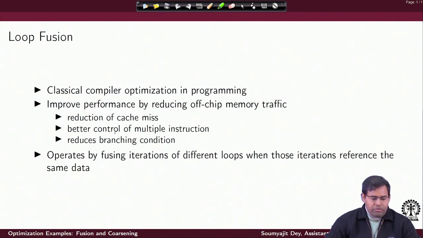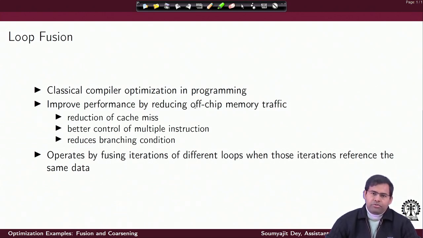Getting into this topic of fusion, let's just do a recap of what classical loop fusion is. This is essentially a classical compiler optimization which helps to improve the performance of a program. The primary reason for the performance benefit is that a loop fusion operation may make it possible to reduce the off-chip memory traffic.